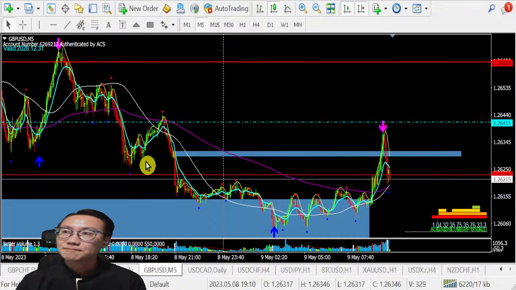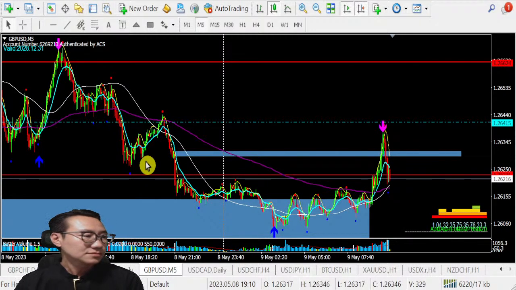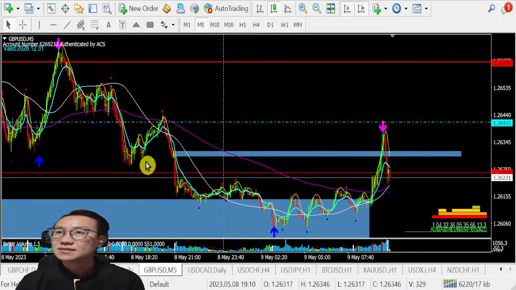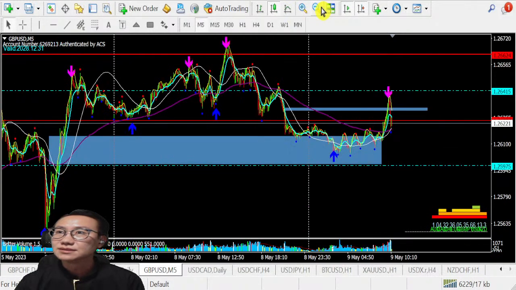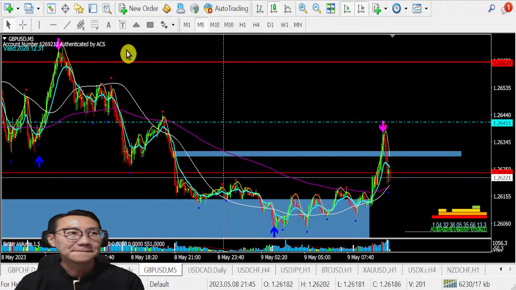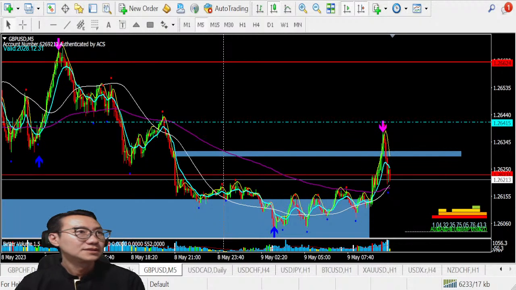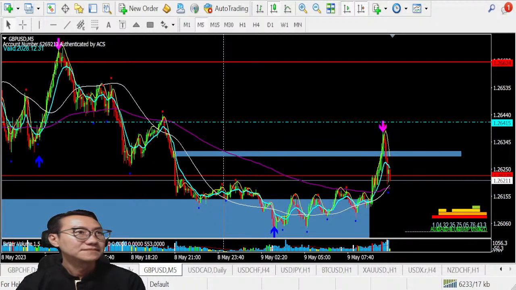Wow, looks like today the pound dollar selling is also quite possible as of now.